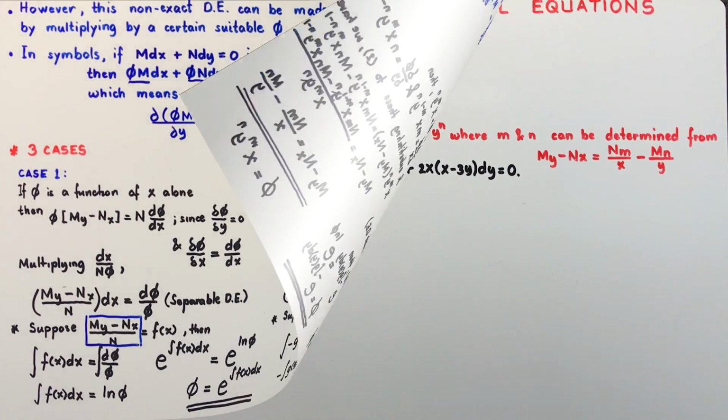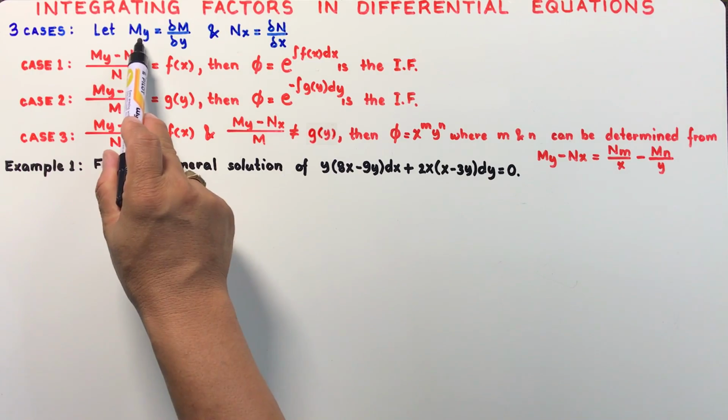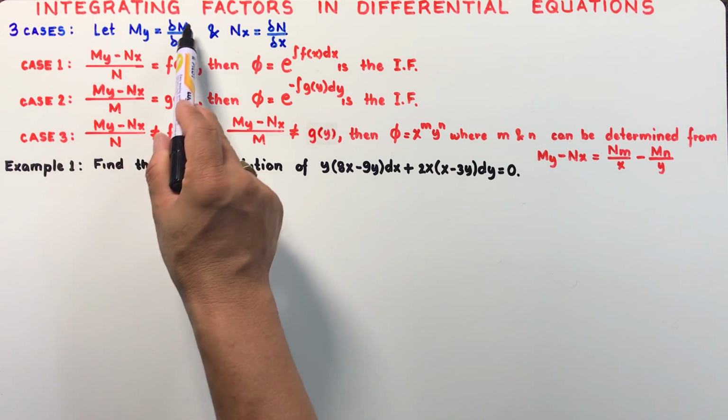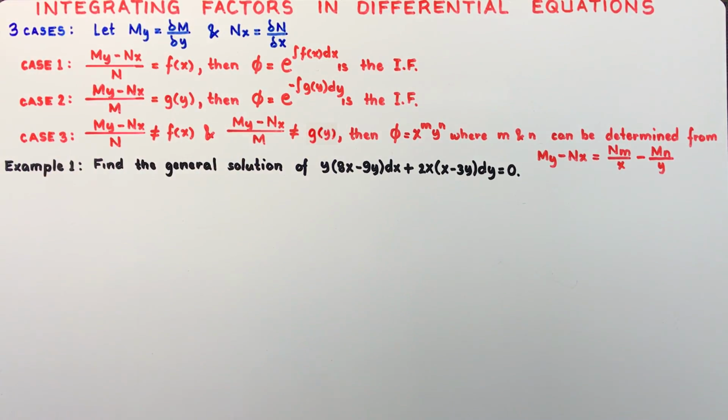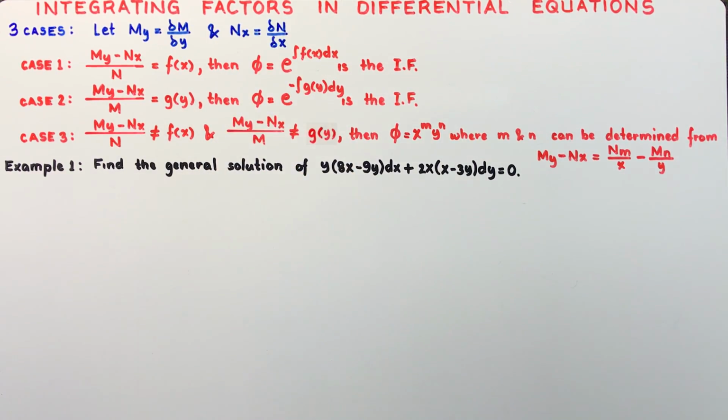So at this point, let us summarize the three cases here. Let M sub y be the partial derivative of M with respect to y, and N sub x the partial derivative of N with respect to x.